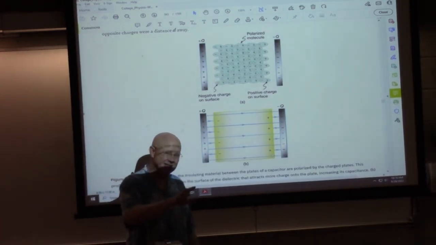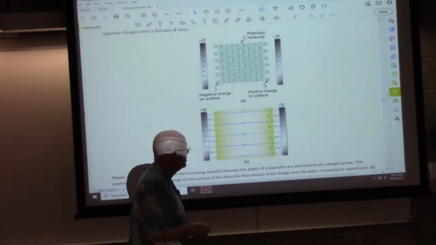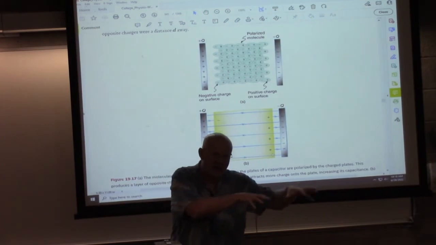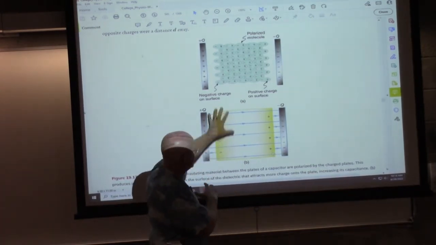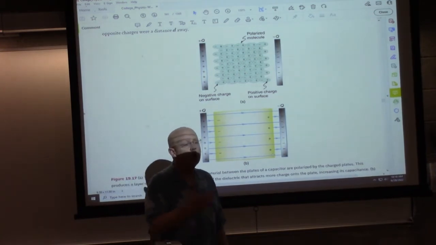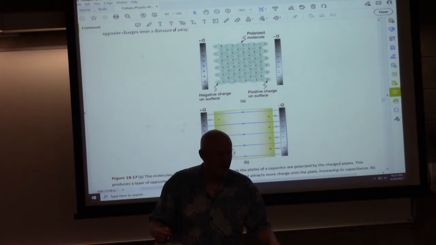Now remember, capacitance is the amount of charge per volt. And remember, the voltage is the summation of the strength of that electric field. So if you put something in here that lowers the strength of the electric field, you're going to get now less voltage.